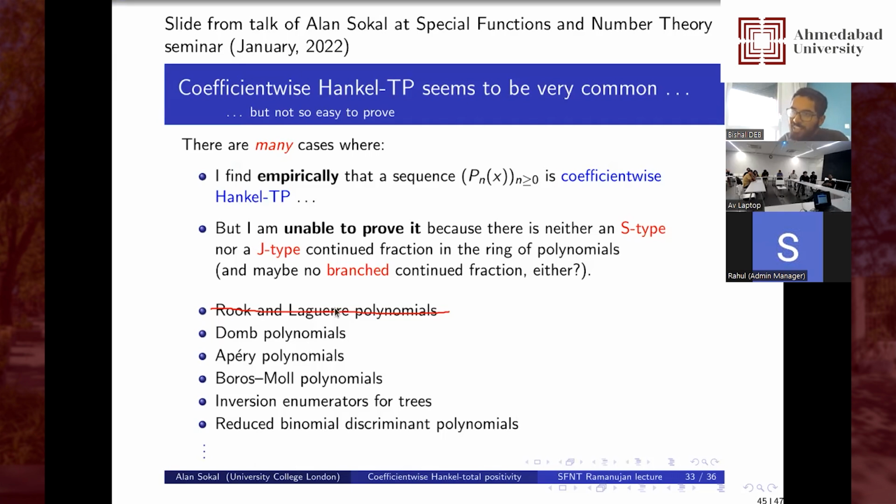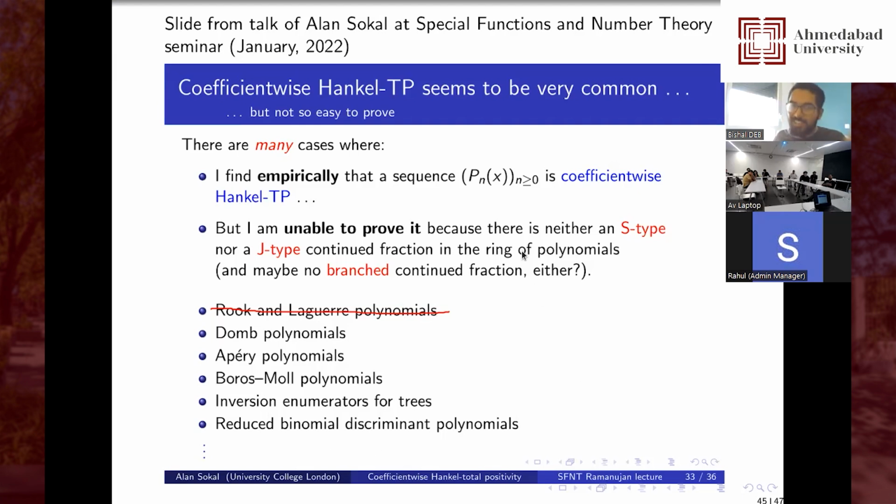The first one has been solved in this list, which is in an increasing sequence of difficulty, which he thinks like the one above should be more difficult than the ones below. So there are the rook and Laguerre polynomials, Dom polynomials, Apéry polynomials, Boros-Moll polynomials, inversion enumerators for trees, reduced binomial discriminant polynomials.